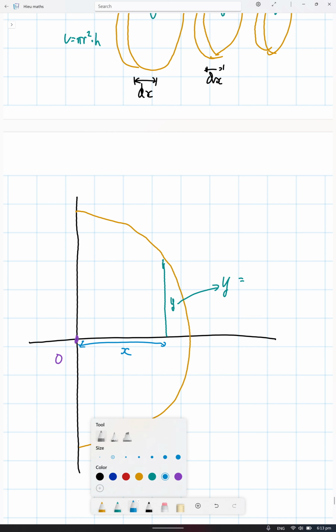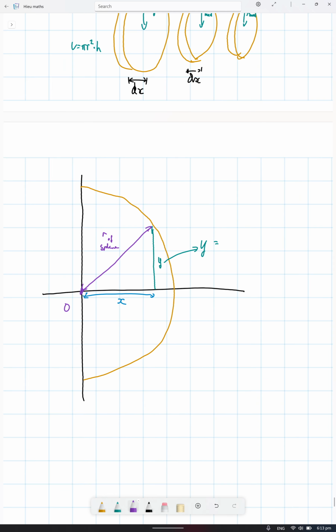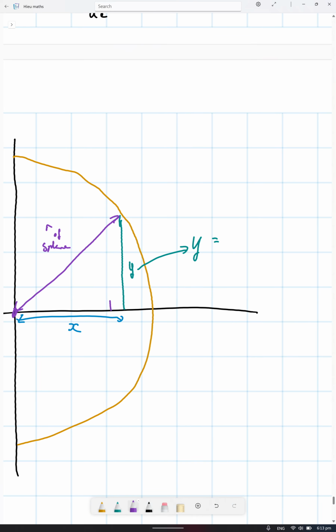Okay, and what is this length here? Well, any length here, that's just the radius of the sphere, right? So radius of sphere. Okay, so now we have a triangle. It's a right angle triangle.